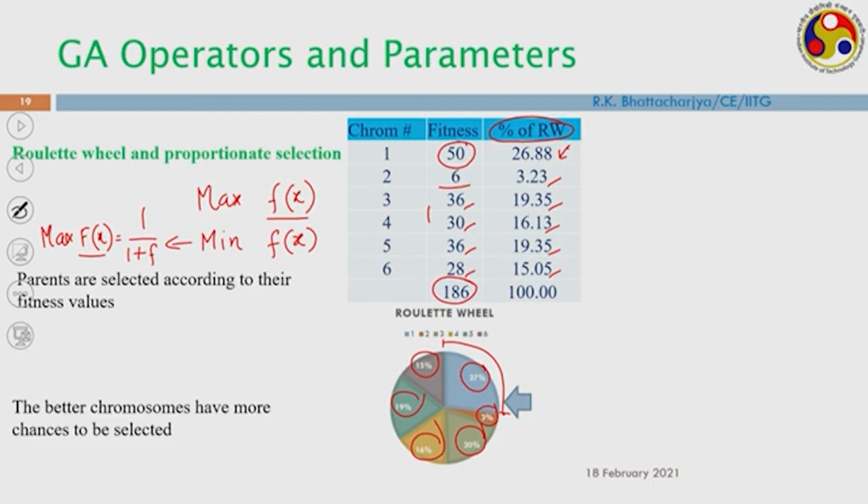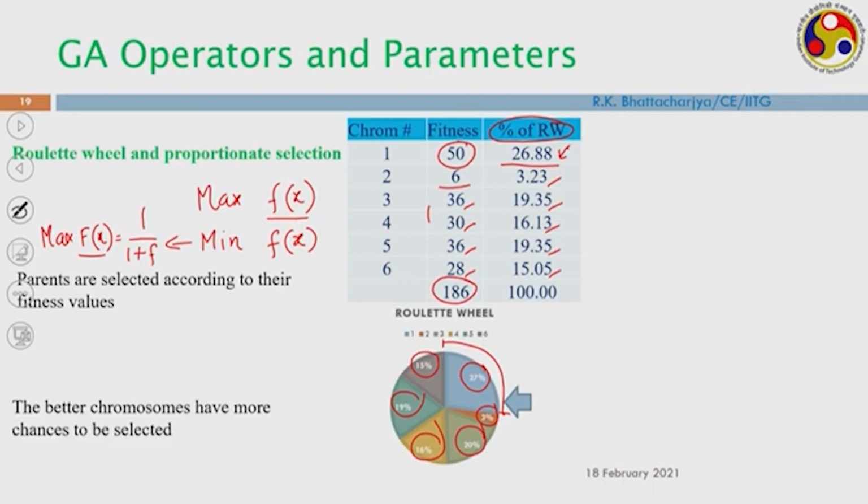This is, as I said, an unbiased roulette wheel. But the best solution will have higher probability, its probability is 26.88. Similarly, other solutions will also be selected. So this is the concept of the roulette wheel.